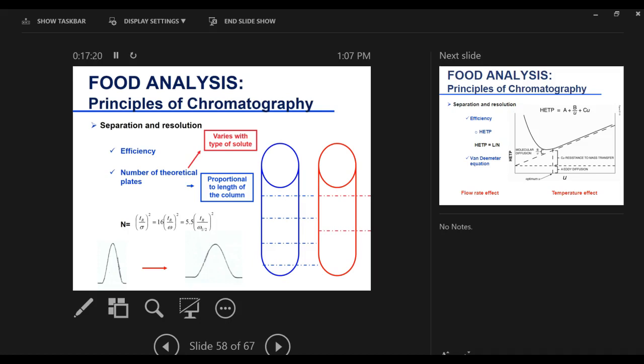Okay. So now, what would make this peak come out sharp like this and in a short period of time? We want to imagine that the column is divided into segments. And each segment is called a theoretical plate. So this segment is where equilibrium happens.